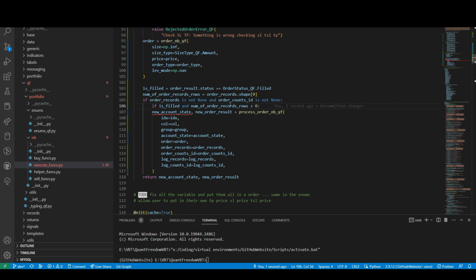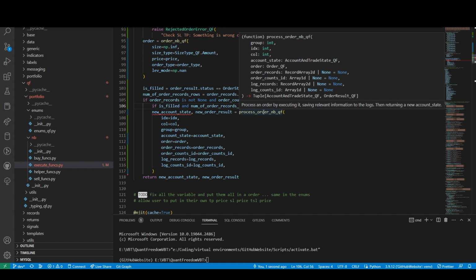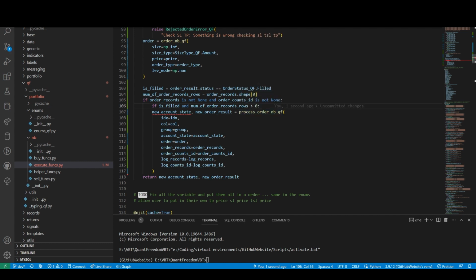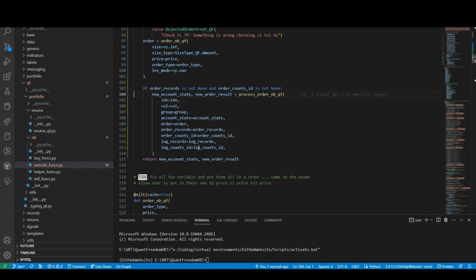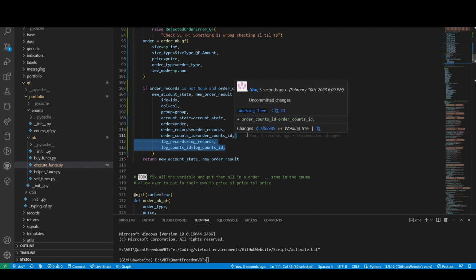Because if I want to check this, I have to see if it was actually filled. The only way to see if it's filled is this. Well, actually, no. We'll just say if order record is not none and order count is not none, then you do this.